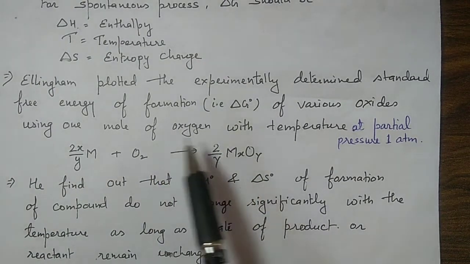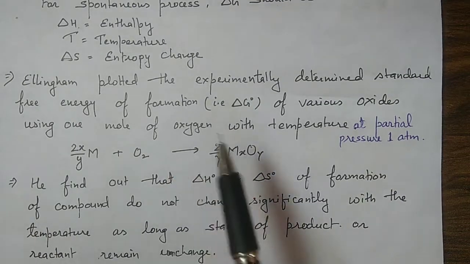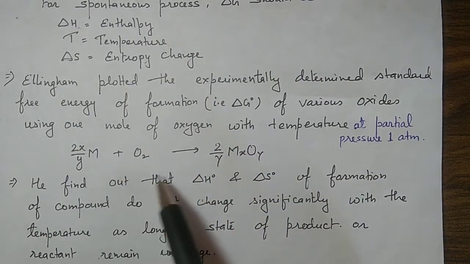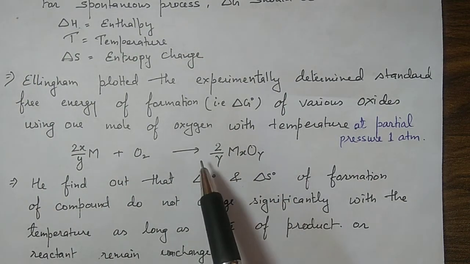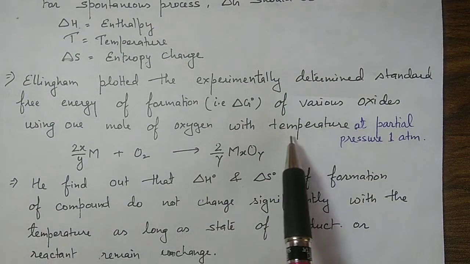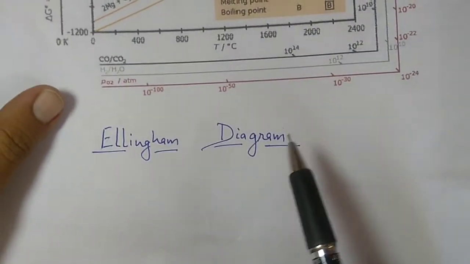The del G naught of these reactions for different metals is plotted against temperature in this Ellingham diagram.